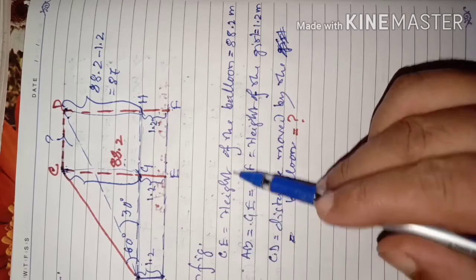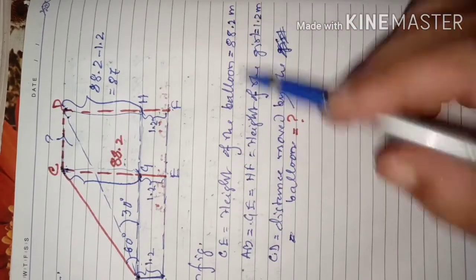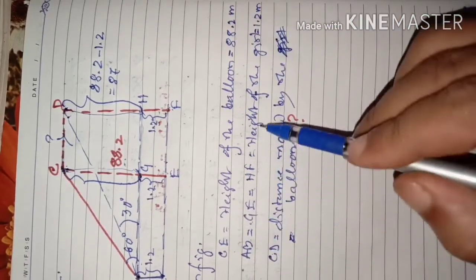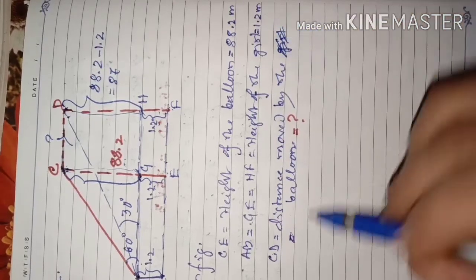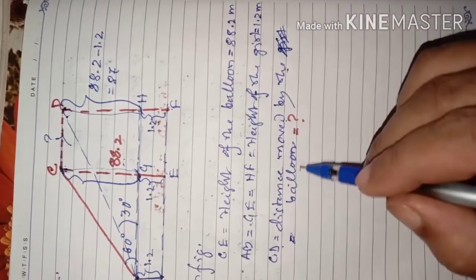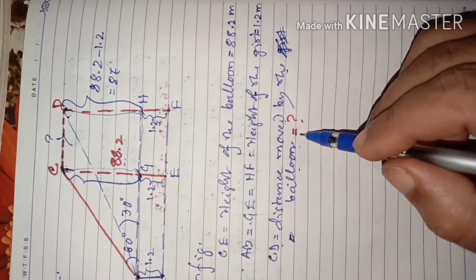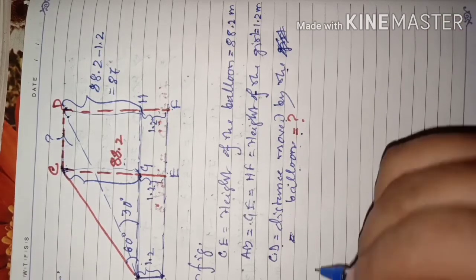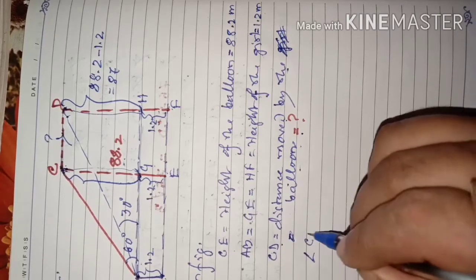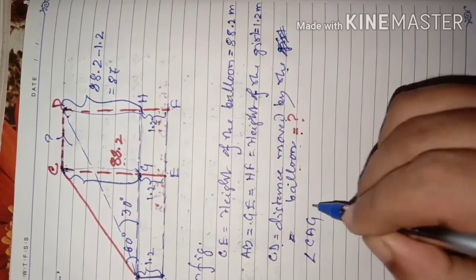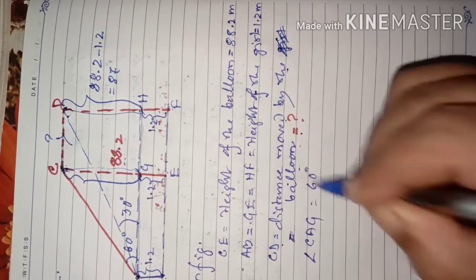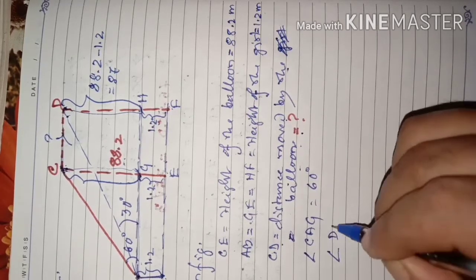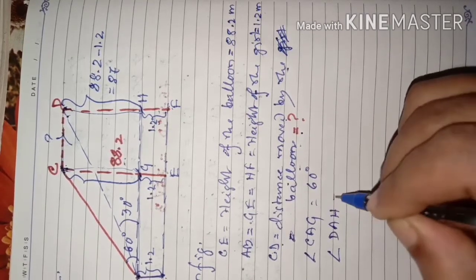CZ equal to height of the balloon 87, AB equal to ZE equal to HF, height of the girl 1.2, CD equal to distance moved by the balloon, which is the question actually. So we have to find out CD. And also angle CAZ is equal to 60 degree and angle DAH is equal to 30 degree.